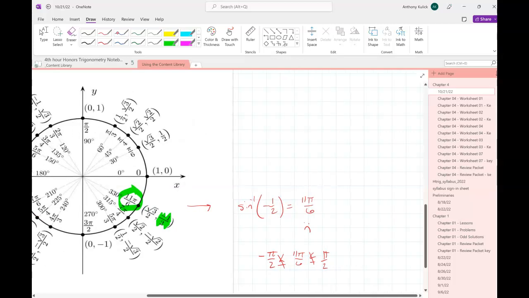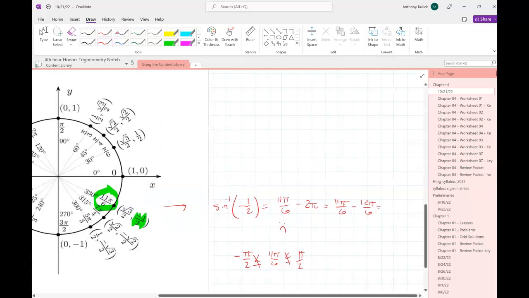In this case, is my angle too big or too small? Too big, so I should be subtracting 2 pi. Exactly right. If we make a common denominator, that'll be 11 pi over 6 minus 12 pi over 6, giving -pi over 6, and that is the answer we're looking for.